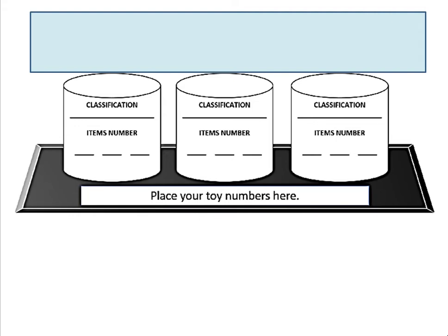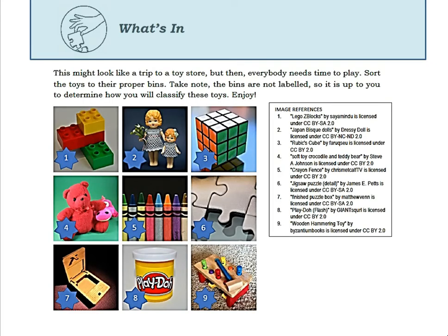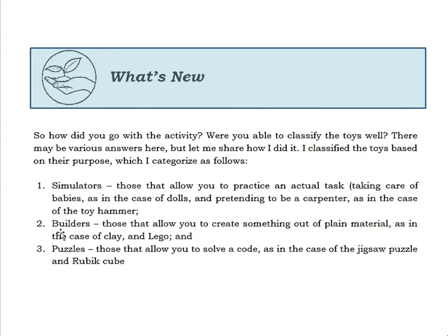Ibig sabihin, minamanipulate mo yung tamang paggamit doon sa mga toys na yun kasi gumagana yung utak mo at the same time ay nag-e-enjoy ka. Nakuha? So, yun yung ating manipulative. Nag-e-enjoy ka, nandun yung leisure, at the same time, nandun din yung learning.